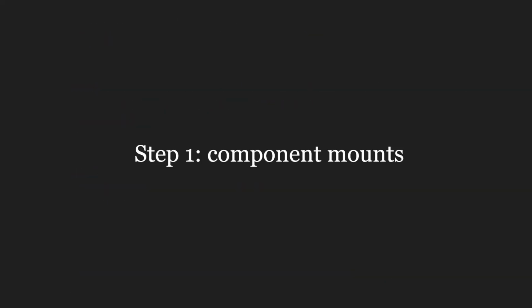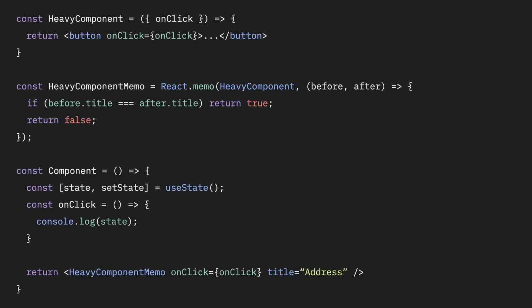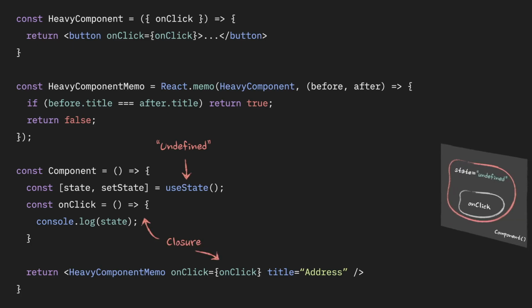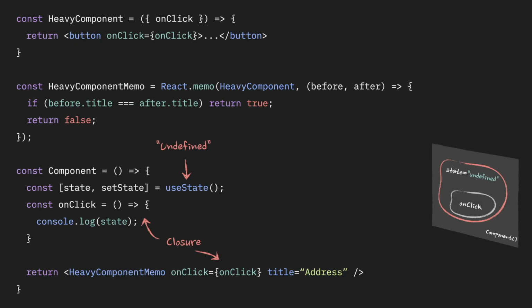Step 1. What happens here when a component is mounted? We initialize a state with undefined value, and we create our onClick closure. That closure we pass as a prop to the heavy component, and this one passes it further to the underlying button.